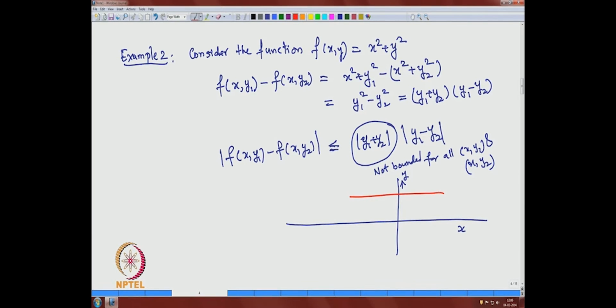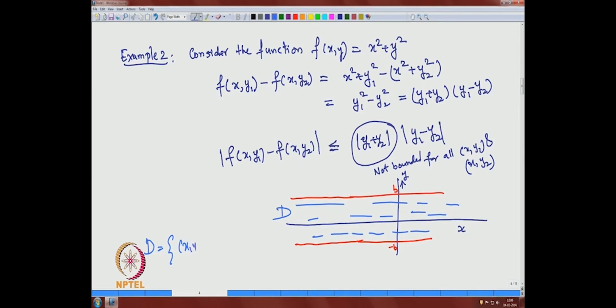If I vary y between, say, minus b and b, and I take this infinite strip, and I call this D, so D is the set of all (x, y) in R2 such that x is varying from minus infinity to plus infinity and y is varying from minus b to plus b.